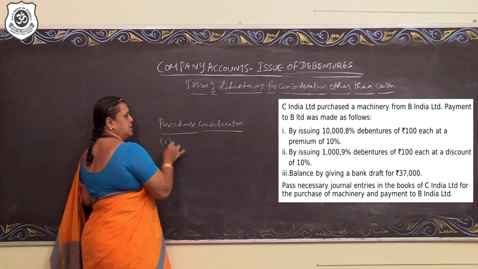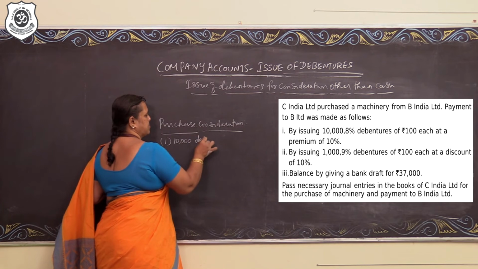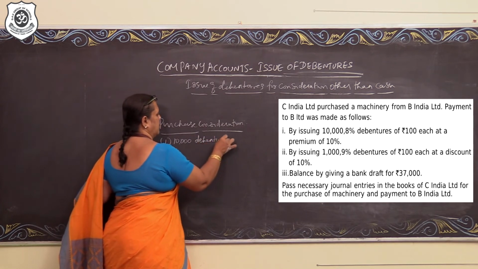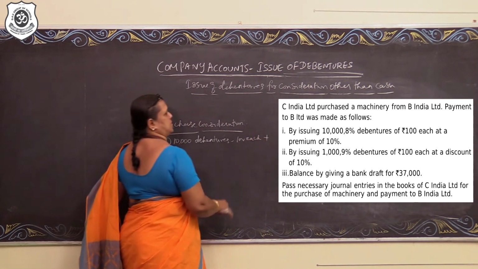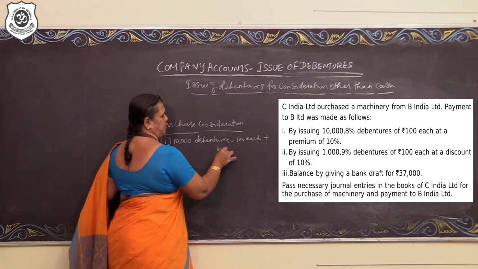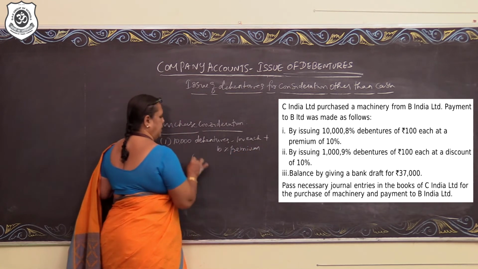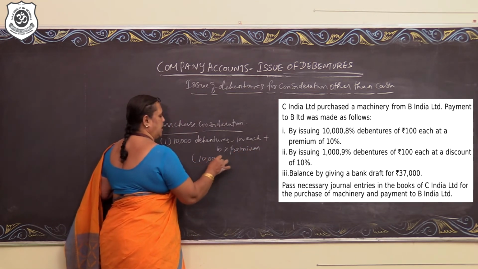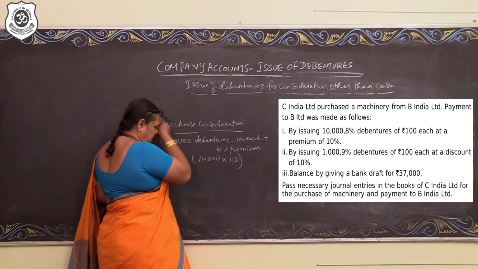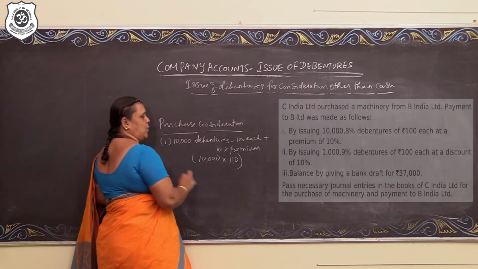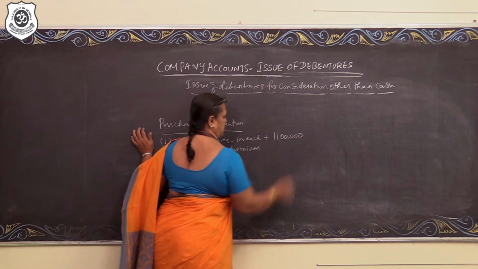Now, the purchase consideration says, case 1 says 10,000 debentures at rupees 100 each plus 10% premium, which means it is 10,000 into 100 plus 10, 110, which gives you 11 lakh rupees.